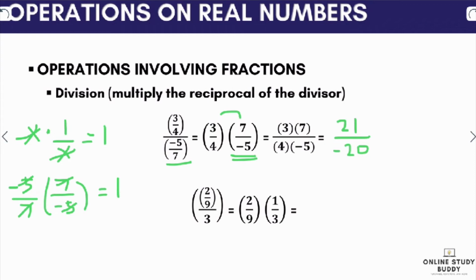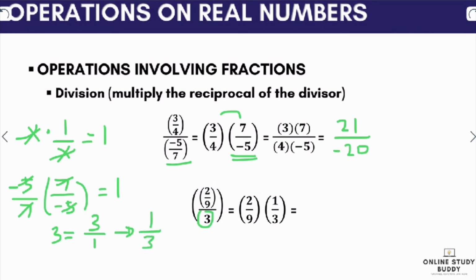Next, 2 over 9 over 3. So, yung whole numbers natin, pwede natin siya actually tignan as fraction, which is equal to, kunwari, in this example, 3 is equal to 3 over 1. So, ang reciprocal niya, pagpapalitin lang natin yung numerator and denominator, will be 1 over 3.